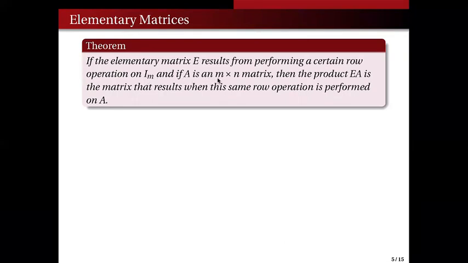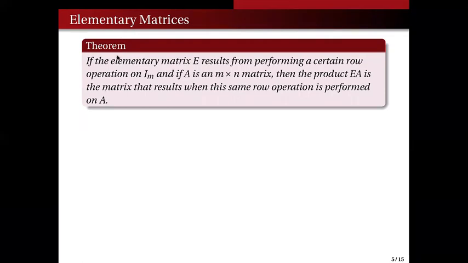If A is an M by N matrix, then the product EA is the matrix that results when this same row operation is performed on A.